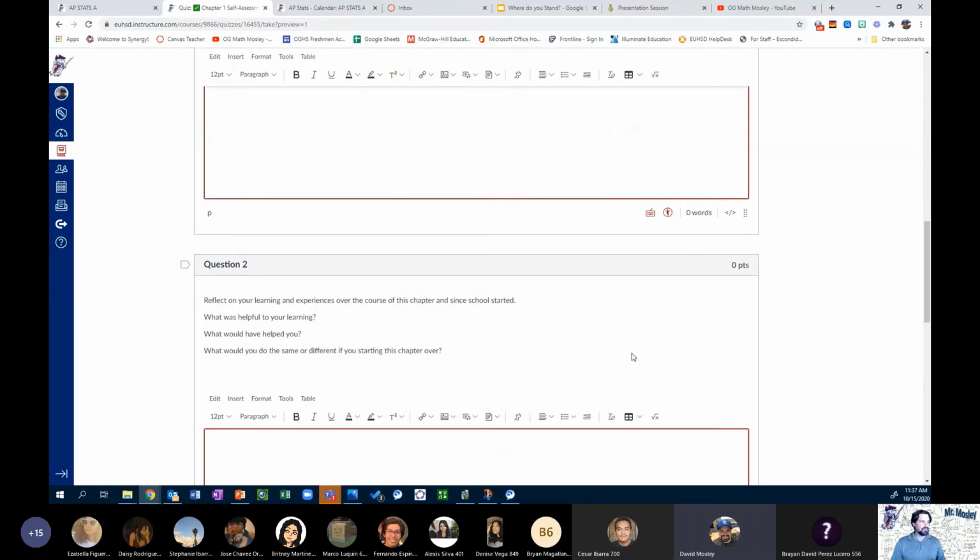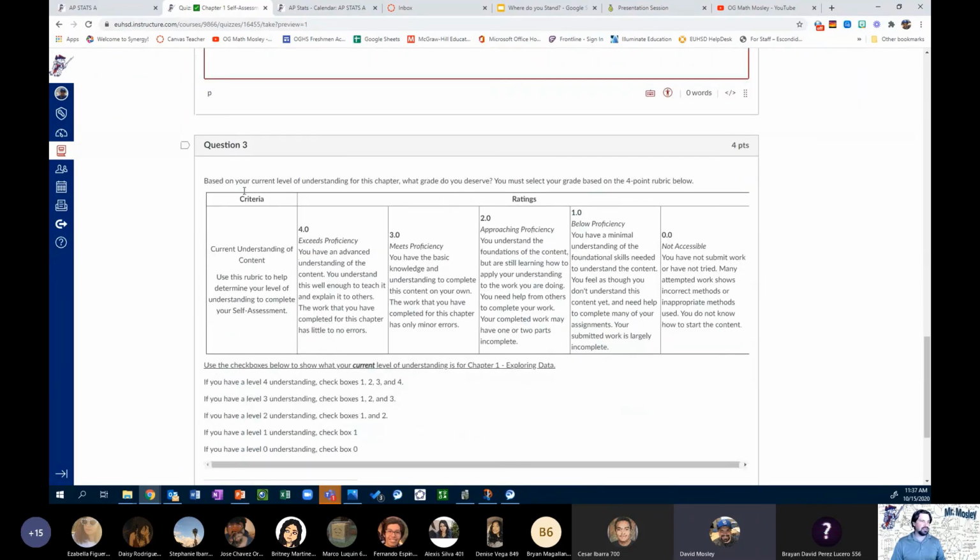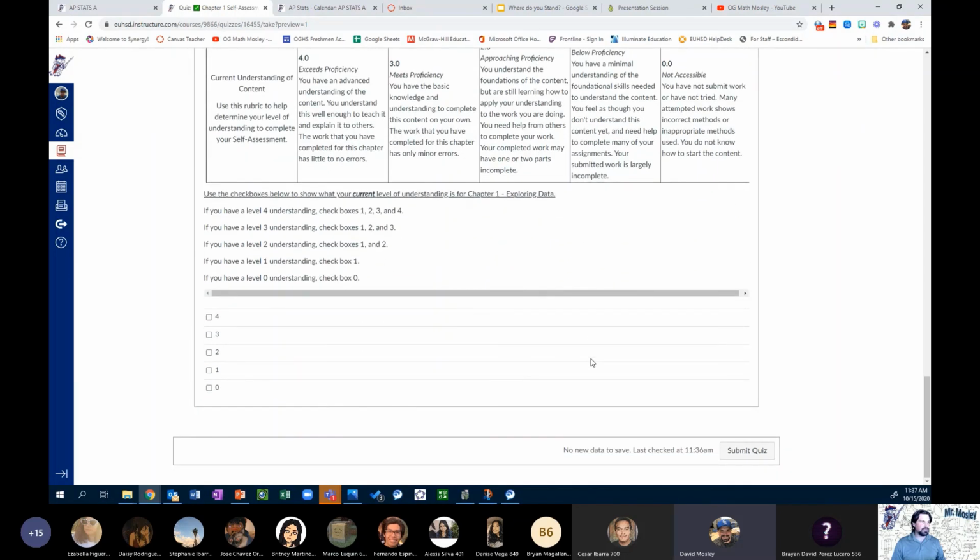And then same as the previous self-assessment, there's a reflection and placing yourself within the rubric as far as your level of understanding. Please make sure that you check the box that corresponds to your level of understanding and the ones under it except for 0. So if you're at a level 3, you click 3, 2, and 1.